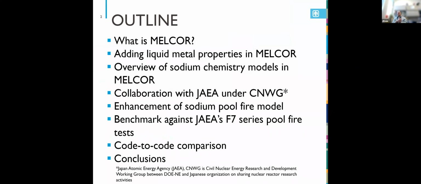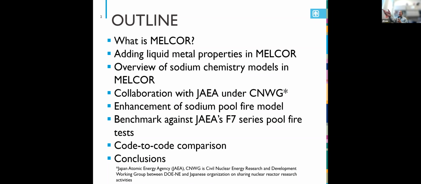So my outline is basically the following. For those of you who don't know MELCOR, I'm going to talk about MELCOR and the liquid metal properties in MELCOR that enable us to model sodium fast reactors. And then I'll talk about the overview of the sodium chemistry models in MELCOR right now. And then we talk about the collaboration with JAEA under the CNWG framework from DOE.